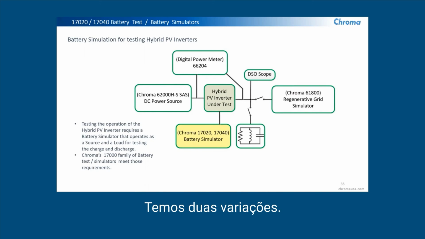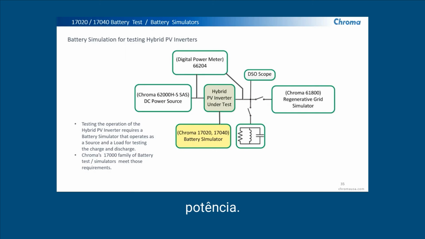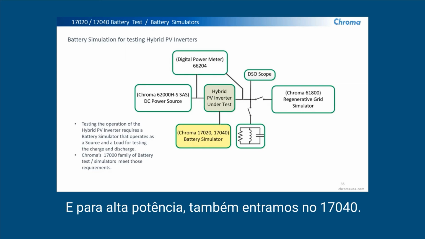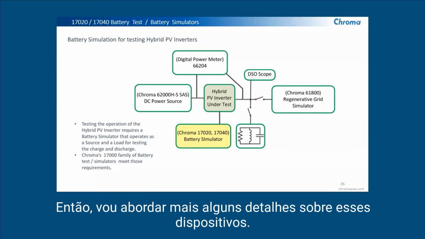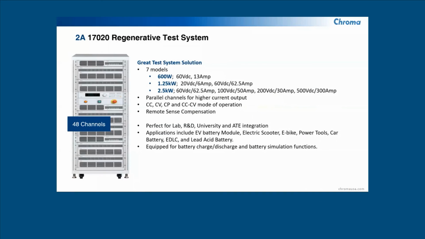We have two variations, the 17020, which is a multi-channel, lower power device, and for high power, we go into the 17040 as well. I'm going to cover some more detail on these devices on the next slide.